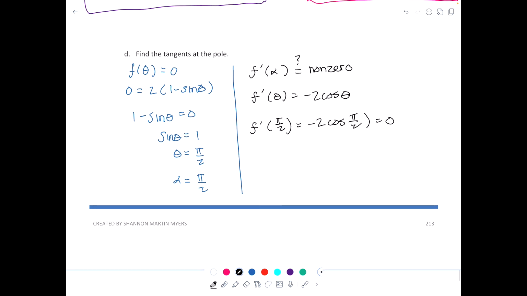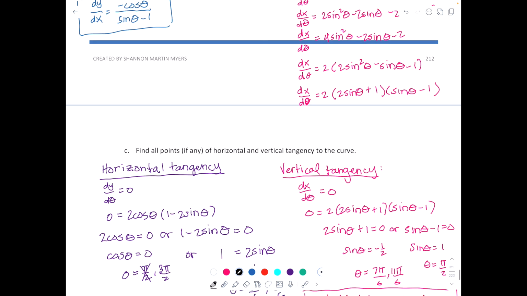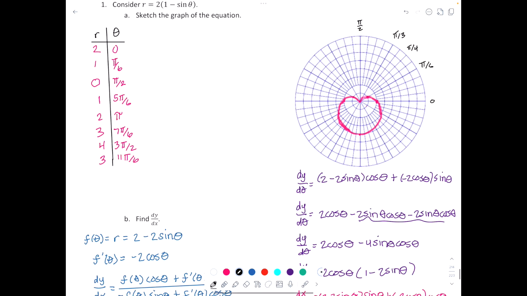So because f prime at alpha is 0, there's no tangents at the pole. If f prime at pi over 2 had been something else that wasn't 0, then there would have been. And you can see that looking at the graph, right? You can see the pole, and there's no tangents at the pole.